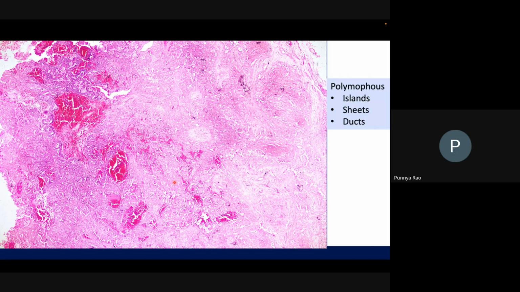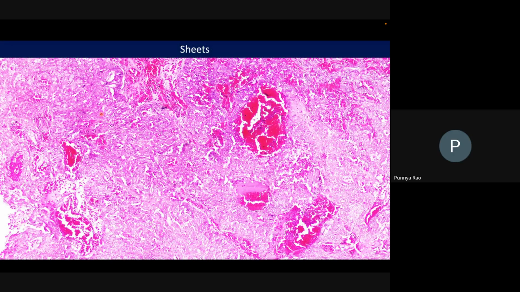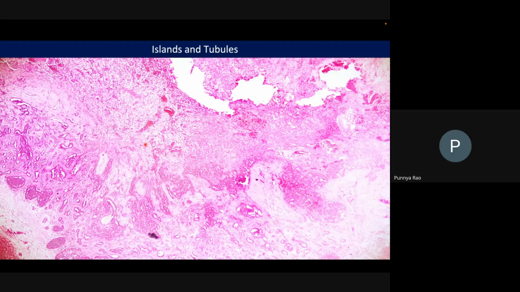So histologically, you had a polymorphous appearance. The cells were arranged in the form of sheets, ducts, and islands. So polymorphous low-grade adenocarcinoma has a polymorphic morphology, in the sense it is arranged in multiple ways. Here you have sheets of cells, islands and tubules, areas of cystic degeneration, and areas of hyalinization.